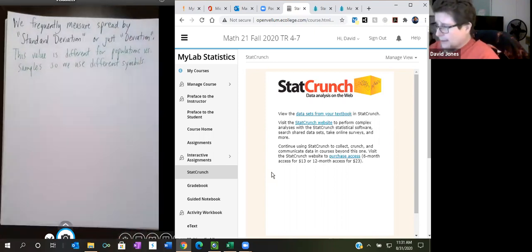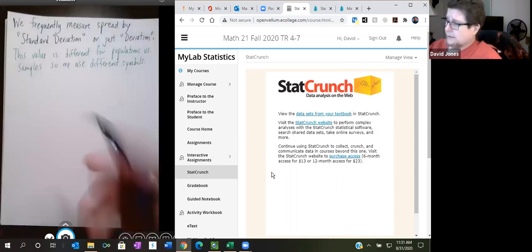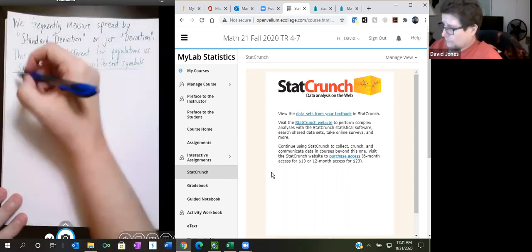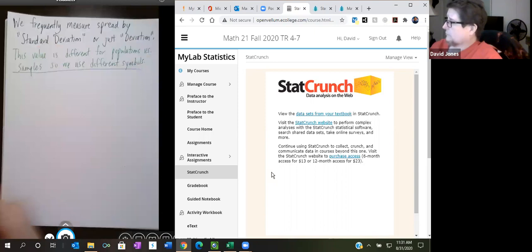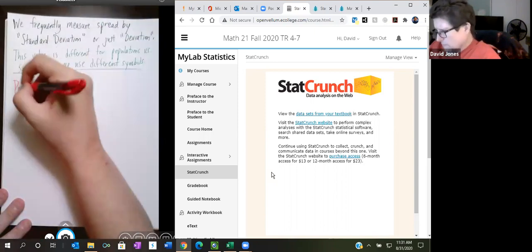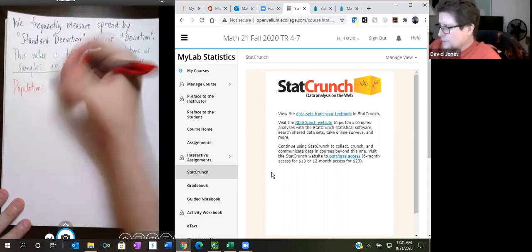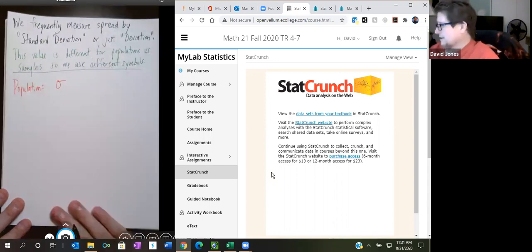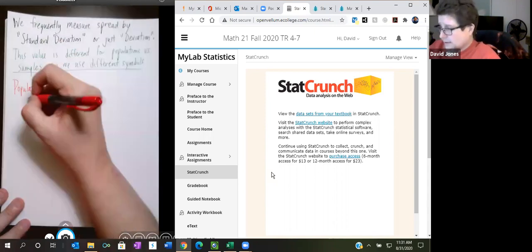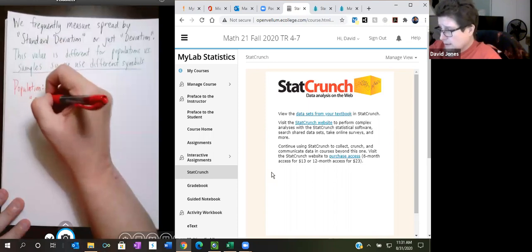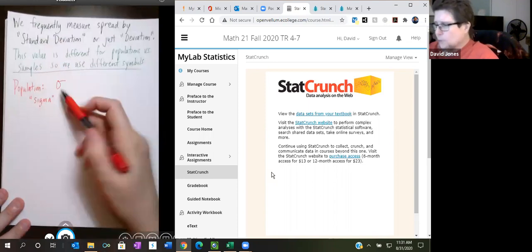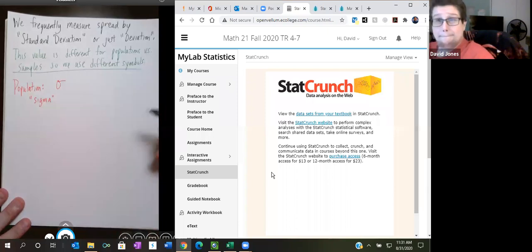So for a population, I mentioned this in the last section, we use the symbol sigma. It's an O with a really long tail on top.